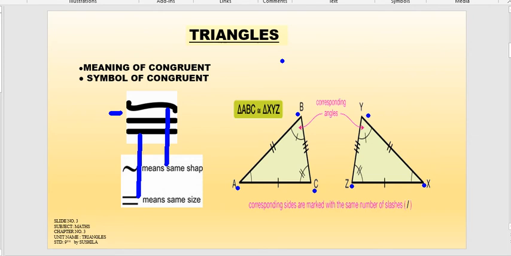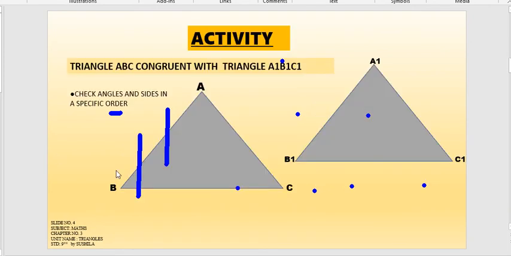Now just look at the activity here in your chapter Triangles. On page number 29, one activity is given. They have not explained it point by point in the book, but I'll explain it one by one and step by step.